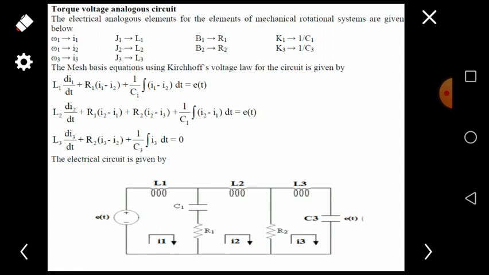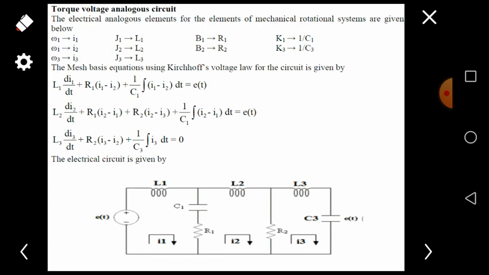Okay, now we are going to substitute these values instead of the mechanical values. We get the equation as L1 into di1 divided by dt plus R1 into (I1 minus I2) plus 1 by C1 into integral of (I1 minus I2) dt equal E of t.